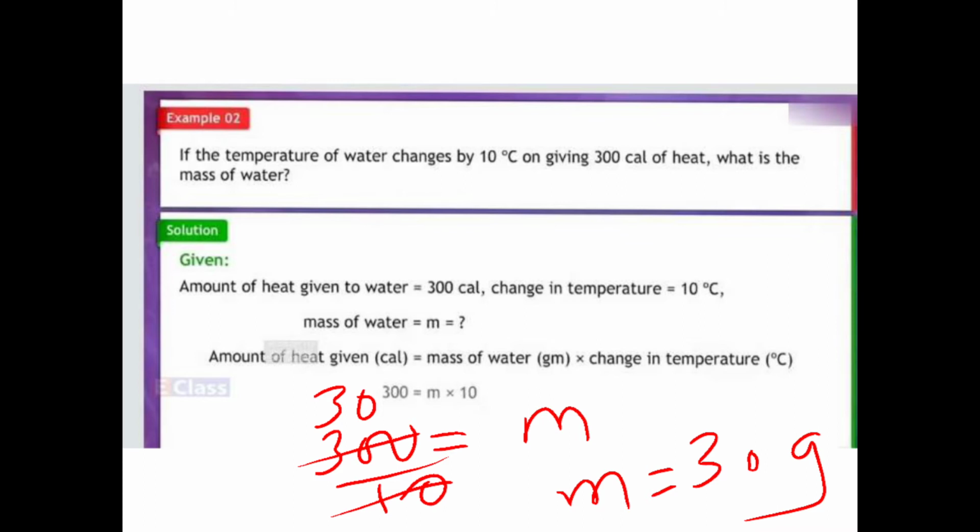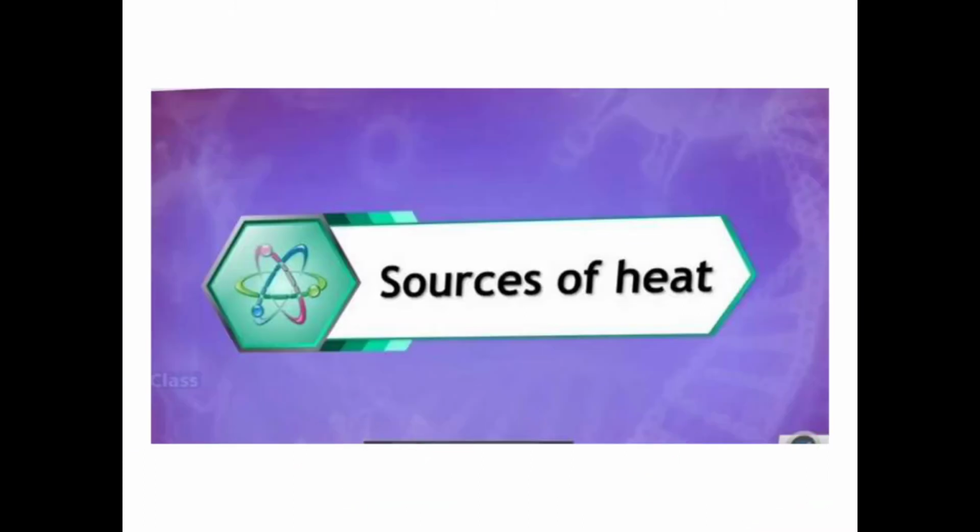Now let us go further and learn about the sources of heat. The most important and the biggest source of heat is, yes, sun. Very good. Sun is the biggest source of heat which is received by the earth.